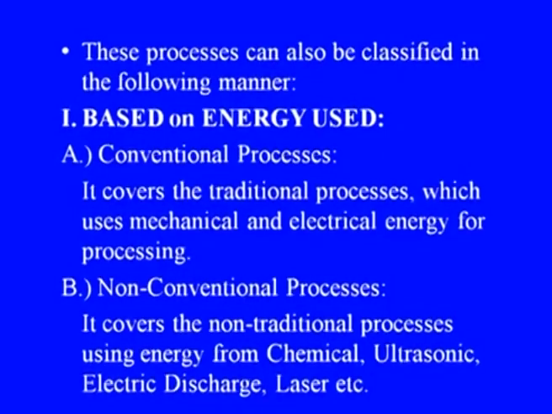In the conventional processes, mechanical and electrical energy are used for the processing. However, in the non-conventional processes, energy from chemical, ultrasonic, electrical discharge, laser, etc. are used. So, this can be categorized something like this.